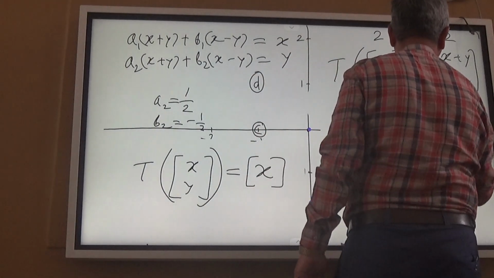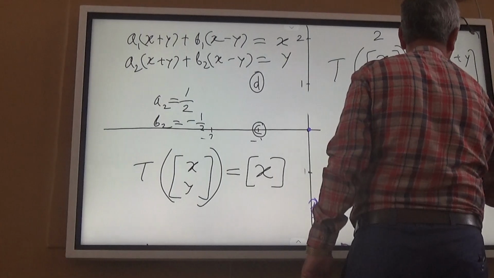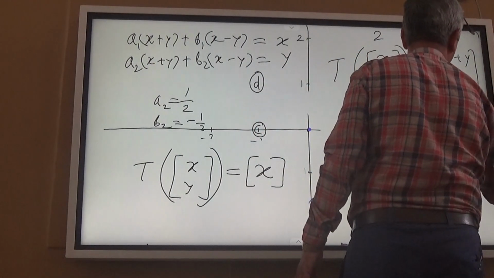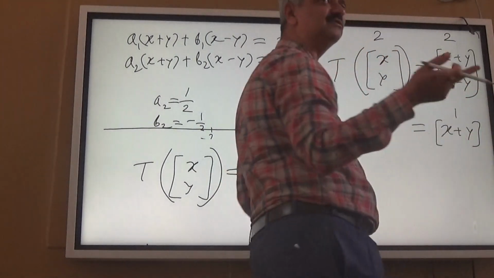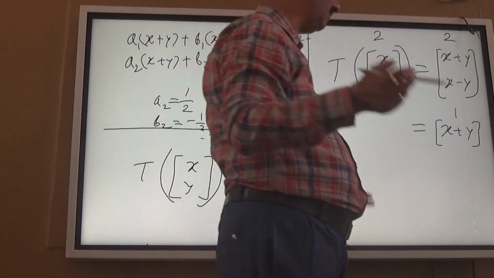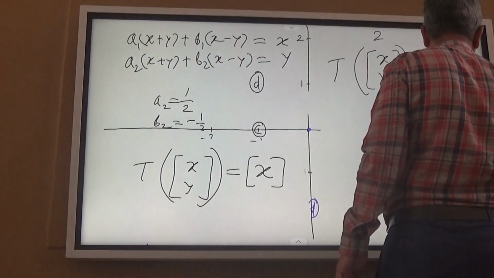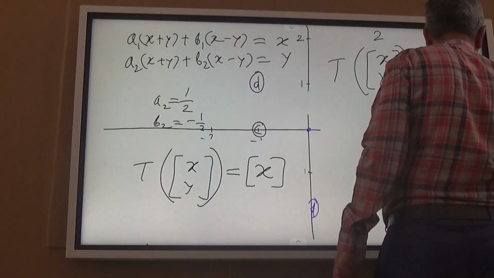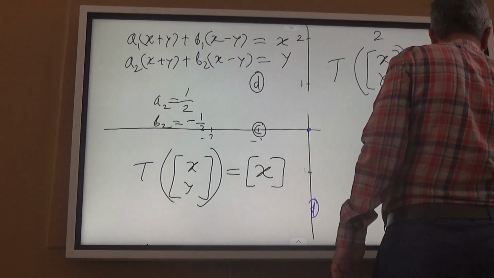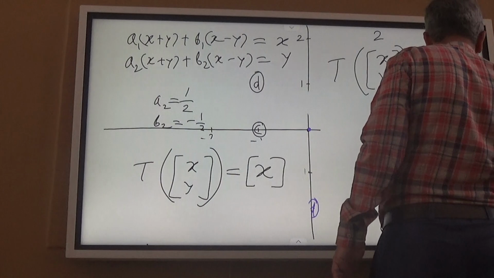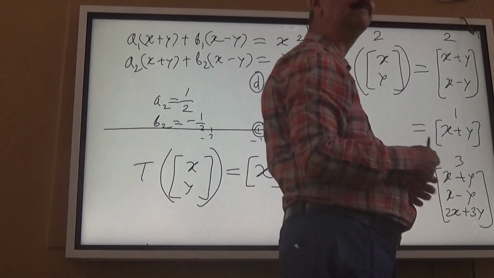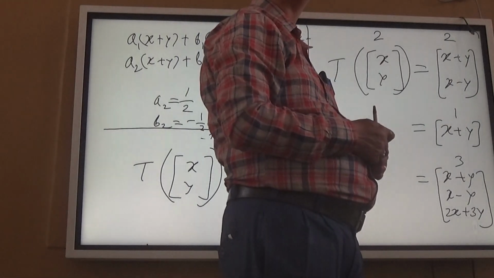It can be 1, either x or simply x plus y. That can be the other way around. Or it can be 3.